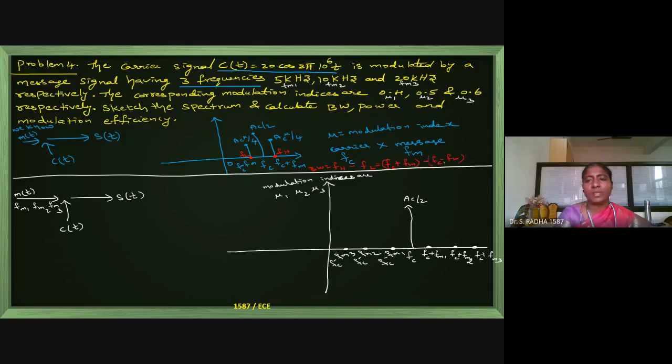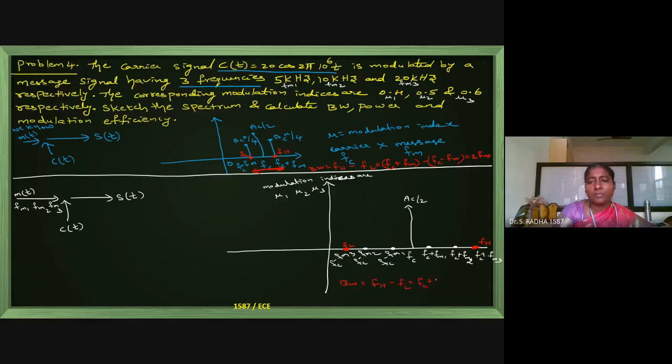If you simplify, bandwidth becomes 2Fm, this total width. But now this is the higher cutoff FH and this is the lower cutoff FL. Bandwidth is the higher cutoff frequency minus the lower cutoff frequency.